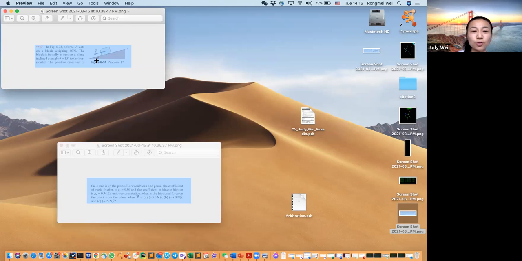So in that case, the block needs to move. So in the third question, the friction will be the kinetic friction. Okay, any questions?